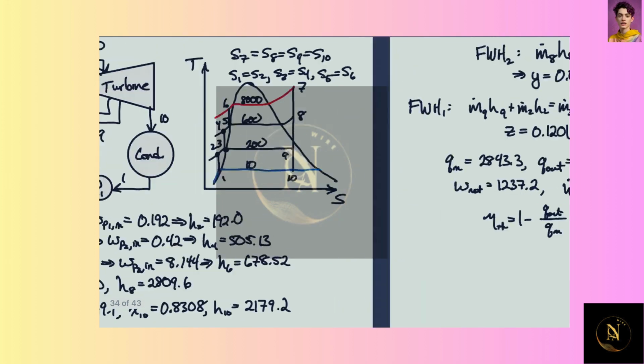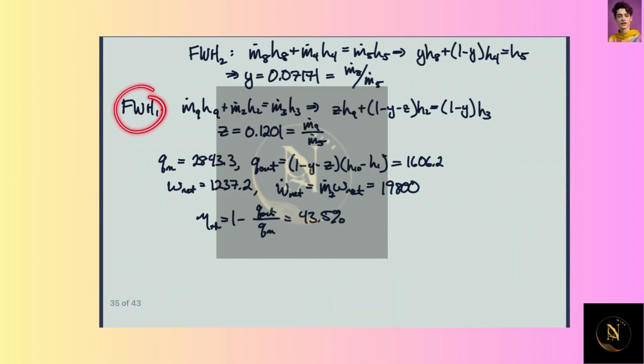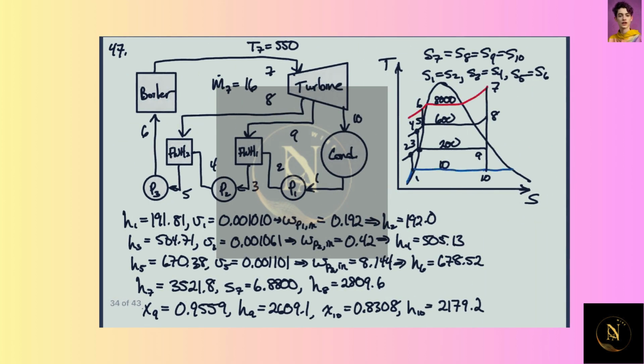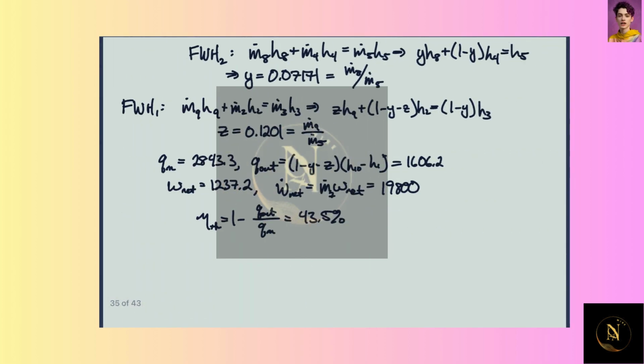And then looking at the first feedwater heater, again, I've used mass conservation because ṁ5 has to be equal to ṁ8 plus ṁ4. Same with 3, it needs to be ṁ2 plus ṁ9. Okay, so I've used mass conservation in these two. So now in this case, we have enthalpy flow in to the feedwater heater, then out.